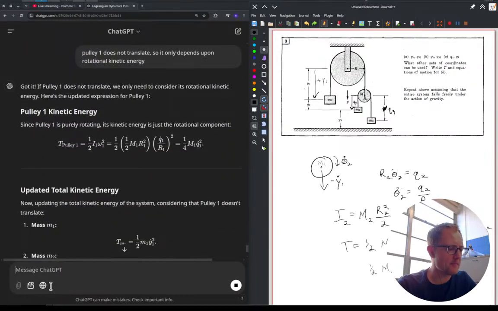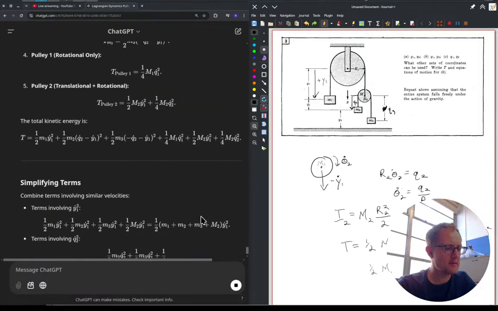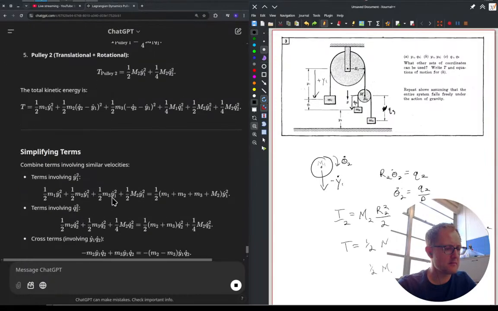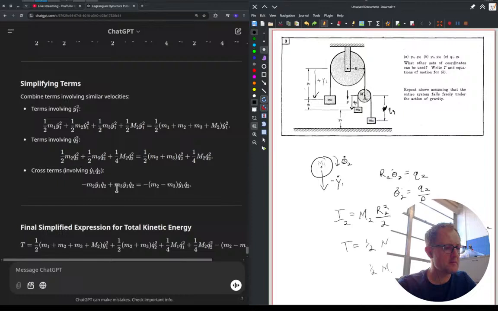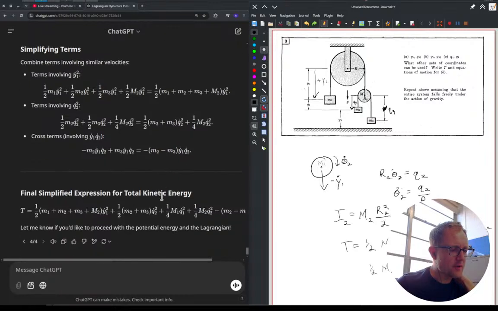Okay, so now I'm on a mini view tools. Okay, cool. Let's see. I tried to combine all those terms.